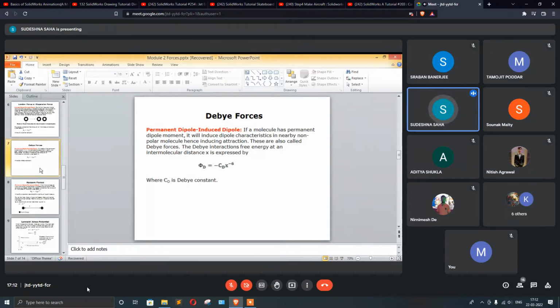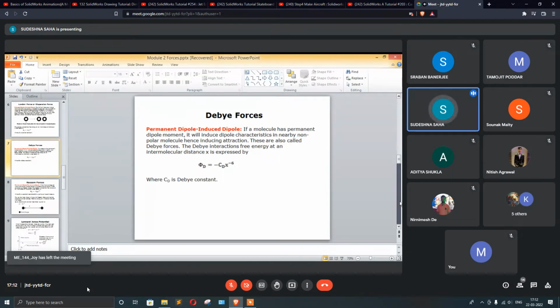The Debye interaction free energy at an intermolecular distance x is represented by this equation: phi D equals minus C_D x to the power minus 6, where C_D is the Debye constant, and this is obviously the free energy calculation.